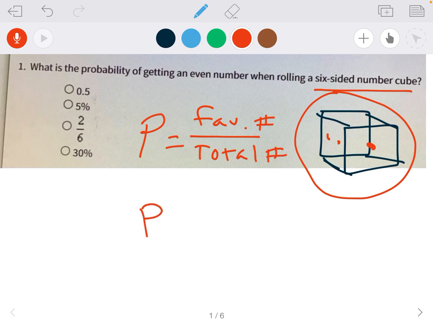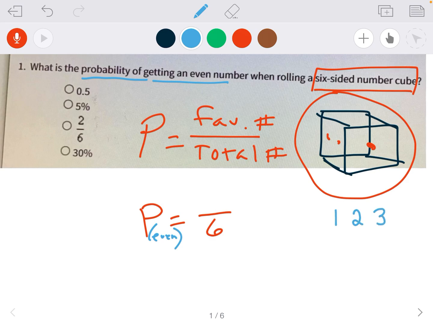All right, so doing that, I always do the denominator first because that's easiest for me. So the total number on a 6-sided number cube is 6. It'll land on 1, 2, 3, 4, 5, or 6. Now the problem is asking what's the probability of an even number. Sometimes I even write my options here: 1, 2, 3, 4, 5, 6.